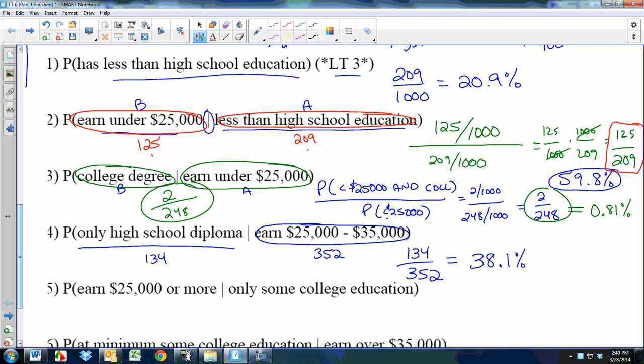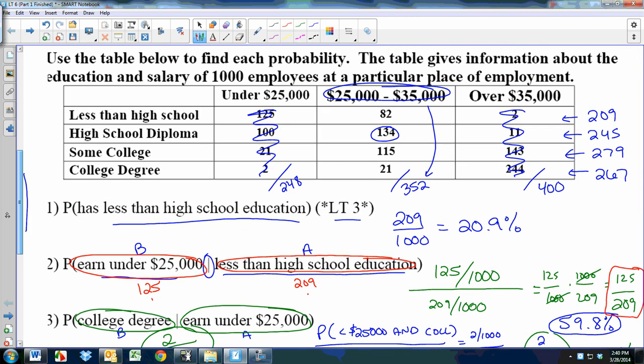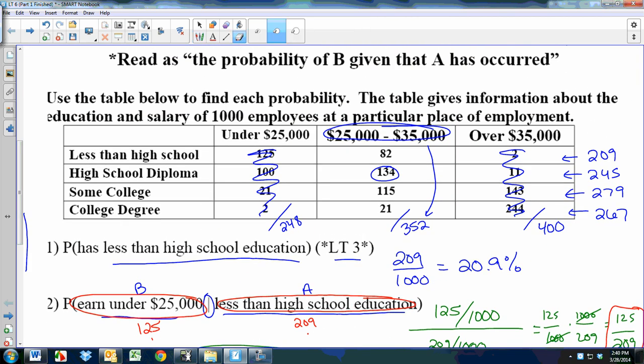All right, 2 more. Number 5. Find the probability of picking a person who earns 25,000 or more, given that you're picking a person that only has some college education. So you start with the given, only some college education. Let's erase our previous work.